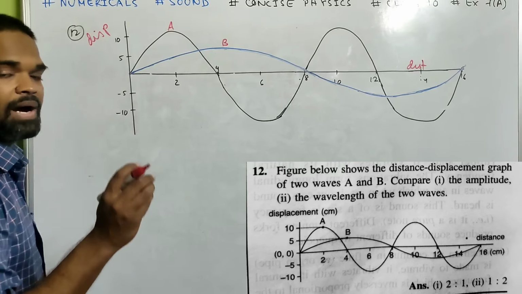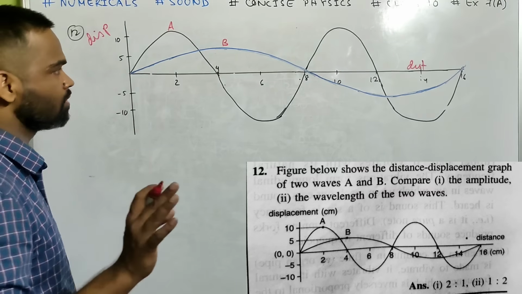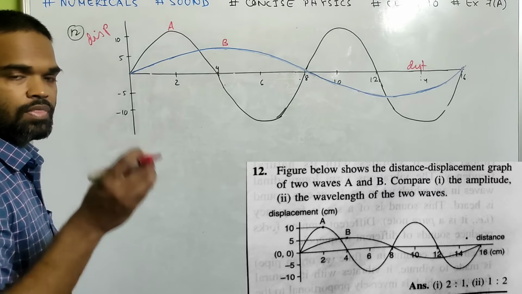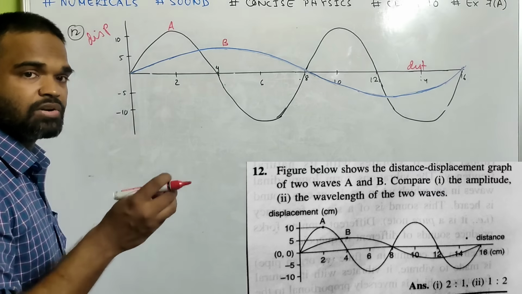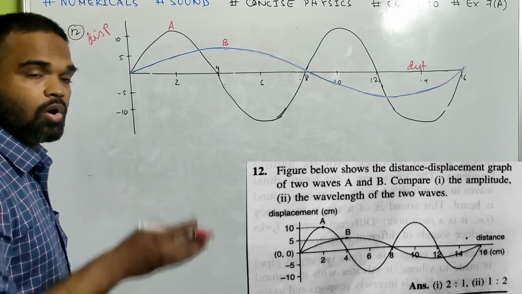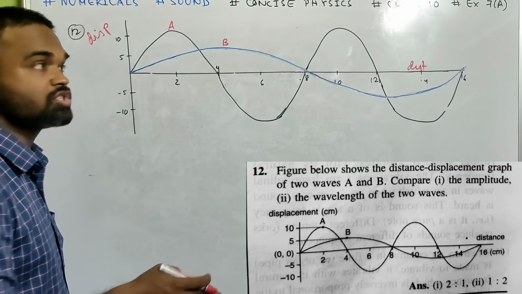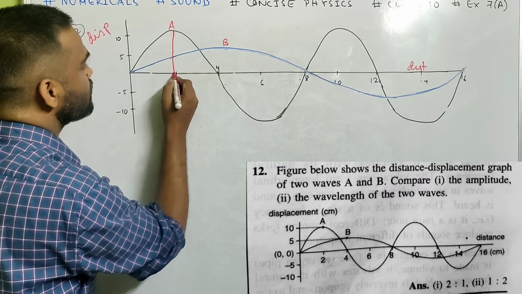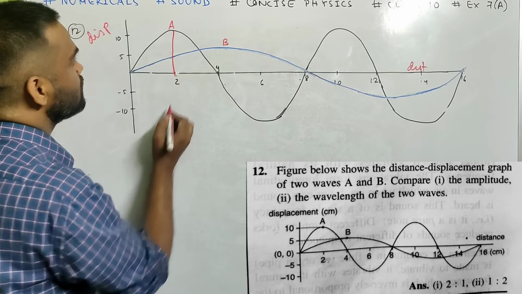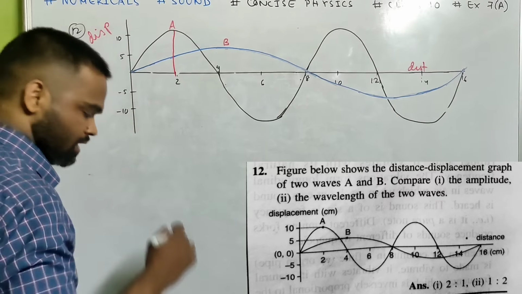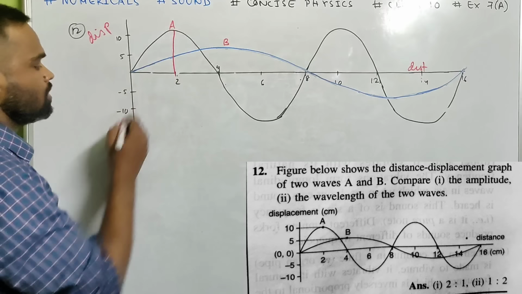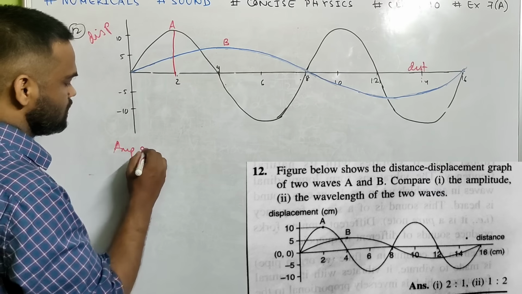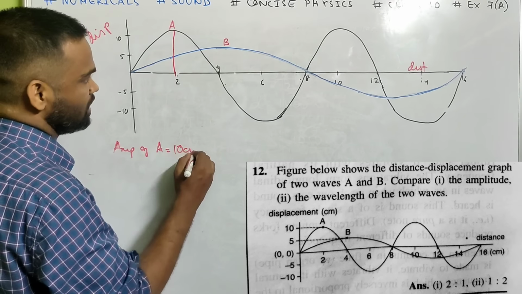Now, talking about the amplitude. What is amplitude? The maximum displacement of the particle in the medium on either side of its mean position. Look at the maximum displacement of A. 10 units, given in centimeter. So the amplitude of wave A will be 10 centimeter.